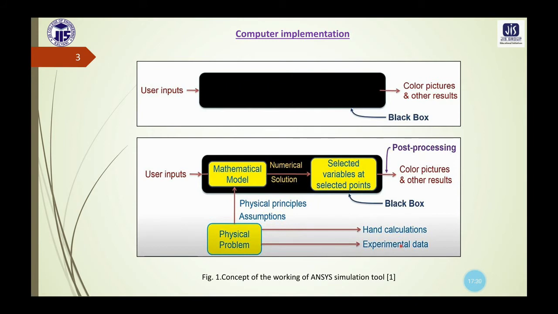Like in case of the solid mechanics simulation, we will calculate the displacement, then stress, strain, all these things, but in case of the fluid mechanics simulation, we will calculate the pressure, velocity, lift, drag, all these things. So this is the working principle or the concept of working of this ANSYS simulation tool that I have discussed just now.